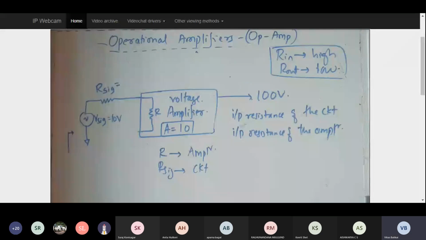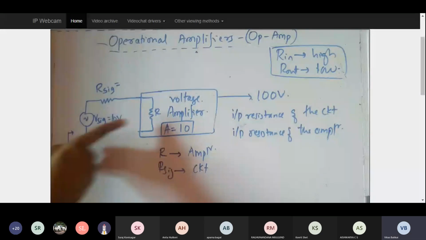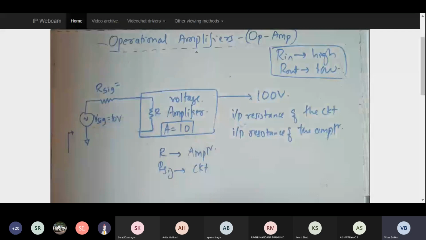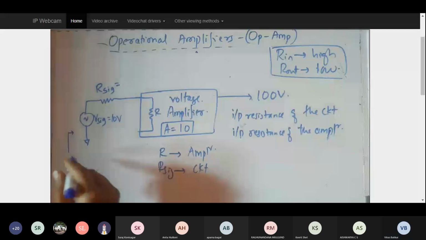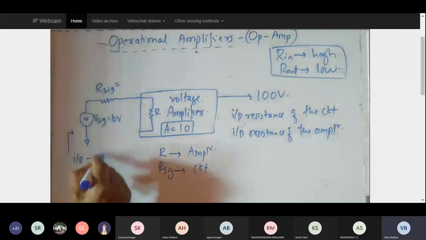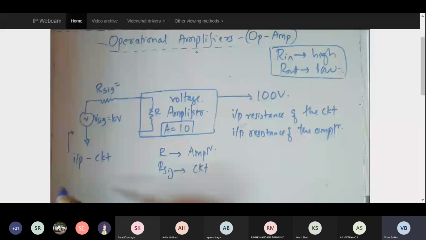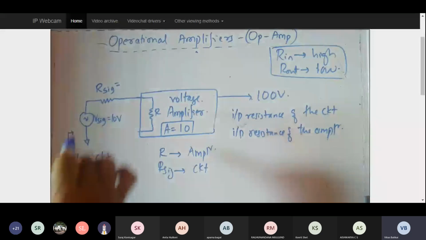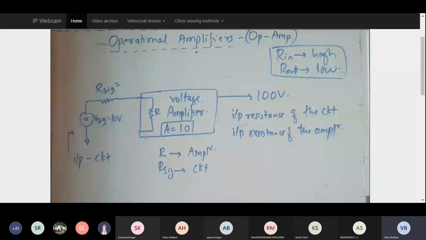When you stand at the input side and peek inside the circuit, whatever resistance you see as the first resistance, that is the input resistance of the circuit. When I stand over here and peek inside this entire circuit, the first resistance that I observe is R sig. Hence, R sig is going to act as the input resistance of the entire circuit, because I am not only looking into the amplifier device. See, device is different, circuit is different.